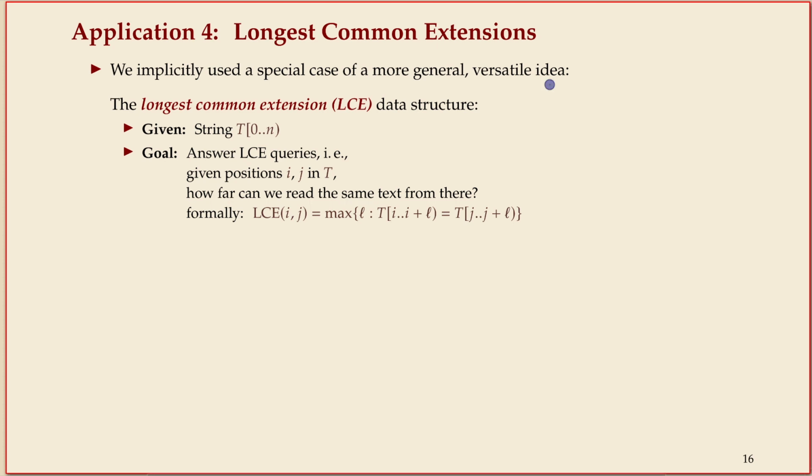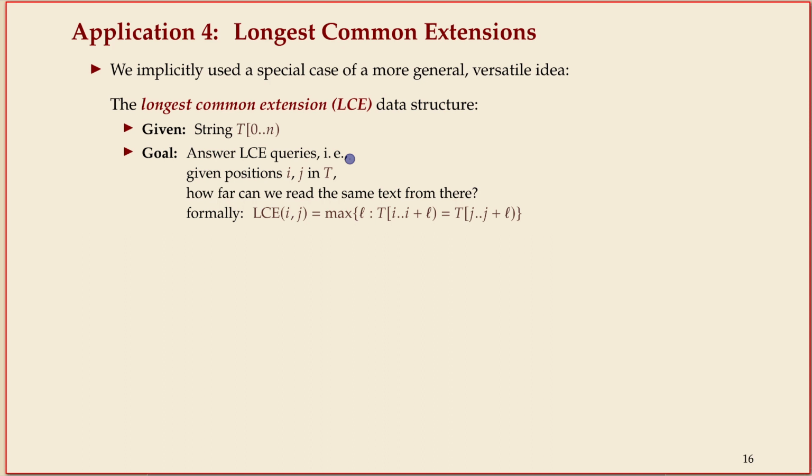So we've already made use of that implicitly without me telling you and without you noticing, probably. But you can formalize the following problem on a string, the longest common extension problem. You're given a string. Now the deal is that you get this string up front, as in string indexing. So you can do pre-processing on this text.